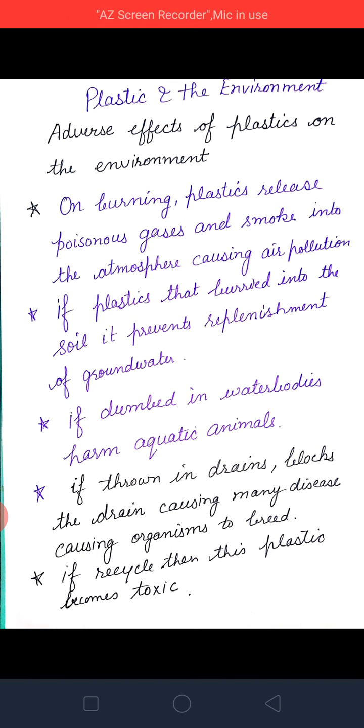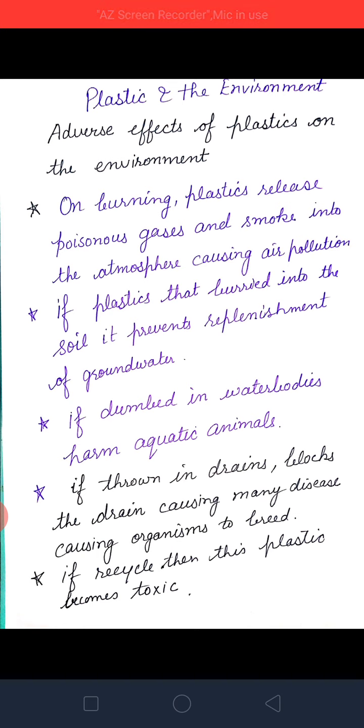If we dispose of plastic in the water, then what will happen? If we dispose of plastic in open drains, then what will happen? If there is a problem of disposal, then why should we not use plastic?